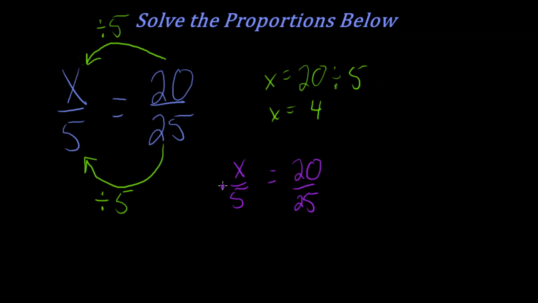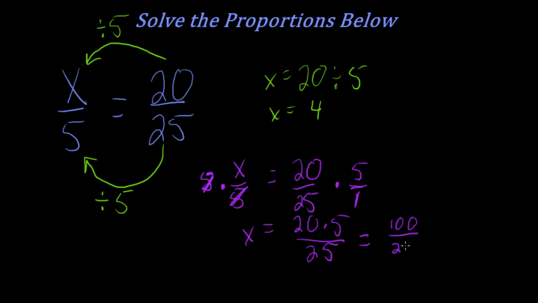We can multiply both sides of the equation by 5. These 5's cancel out over here. So we get x equals 20 over 25 times 5. If we wanted to, we could put this over 1. So 20 times 5 in the numerator over 25 times 1. This equals 100 over 25.